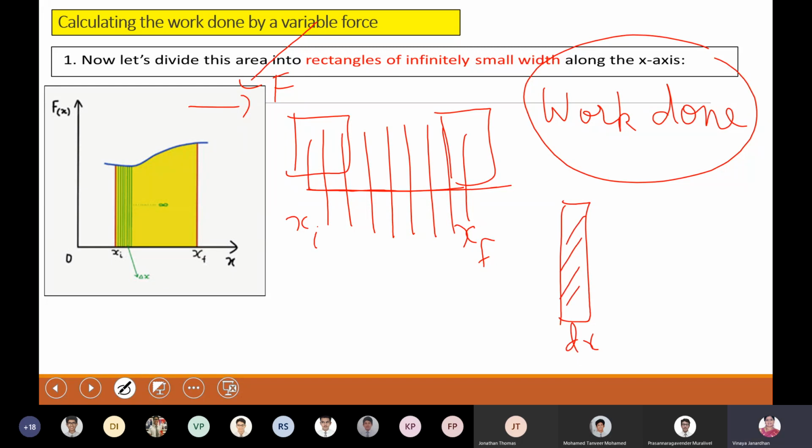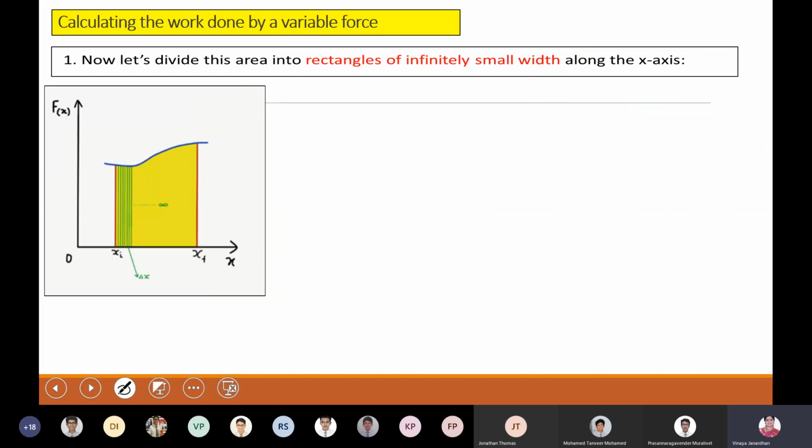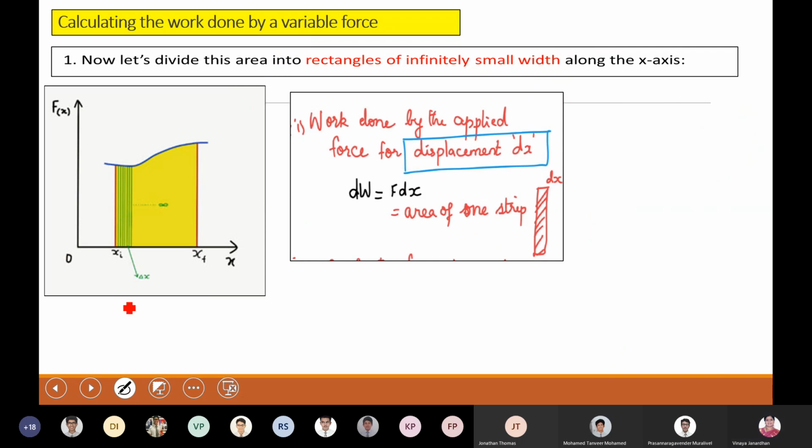Now, your aim is to find the work done by this force in moving the body through a distance dx. Is that clear, boys? You're going to calculate the work done since the body has moved a smaller distance dx. The work done by the variable force will also be smaller in magnitude.